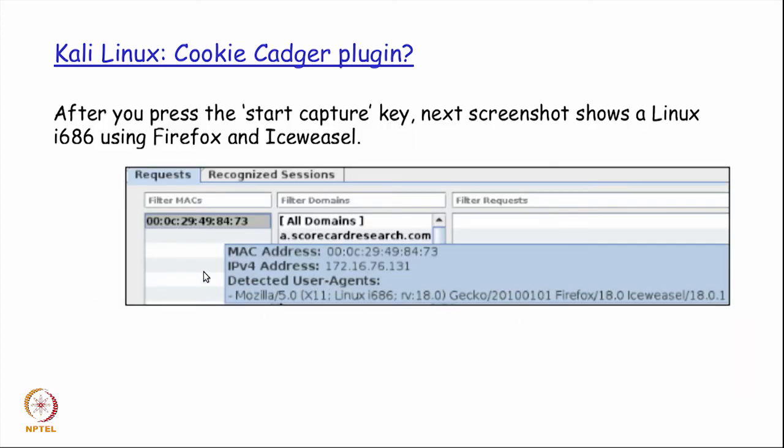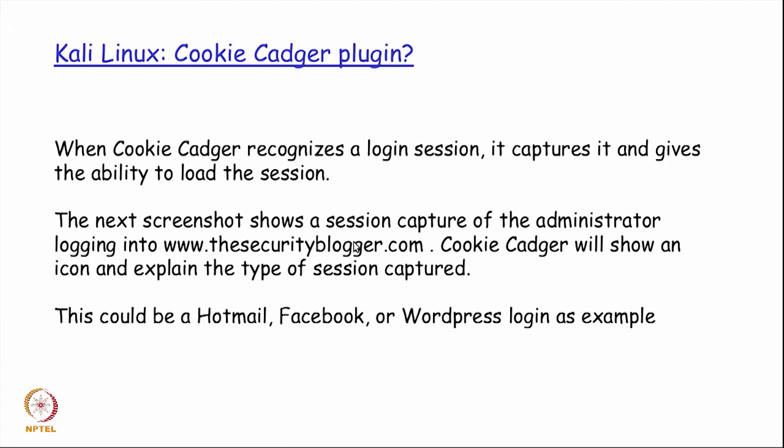So, this is one example that has come in. When I press the start capture key, this screenshot shows a Linux i686 machine with a Mozilla 5.0 user agent that is being used, and it gives me the MAC address and the IP address from which this particular request has come in.